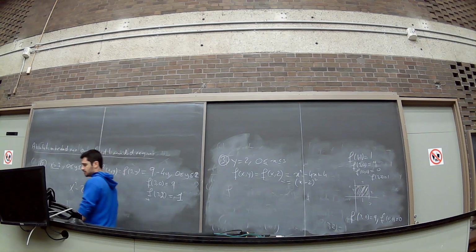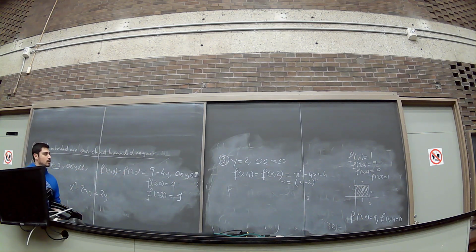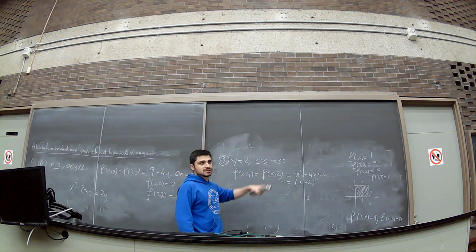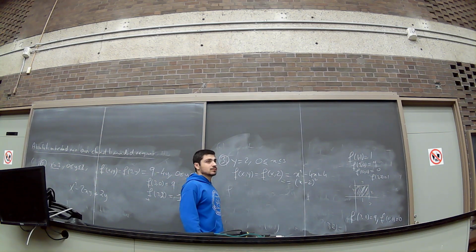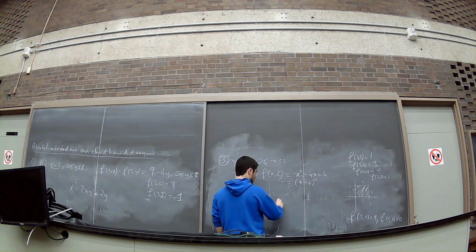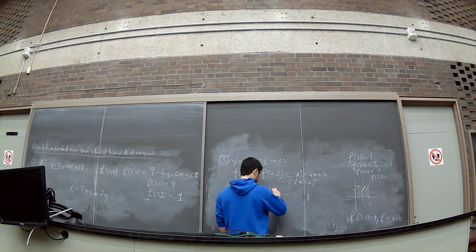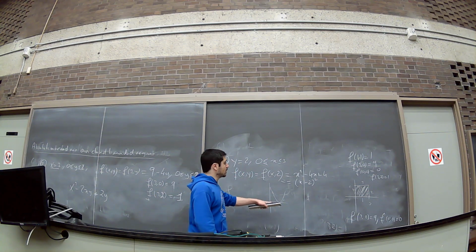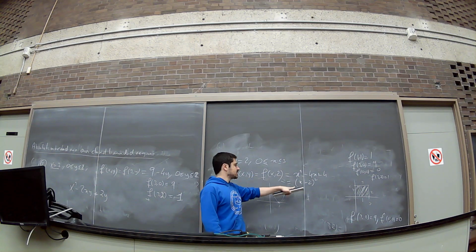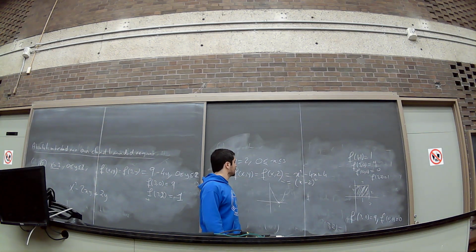What is the minimum of this function? Where does it achieve the minimum on the interval 0, 3? You draw it? So you have the parabola, (x minus 2) squared. This is the minimum. And the max is either at 0 or at 3, right? What is f(0,2)? 4.